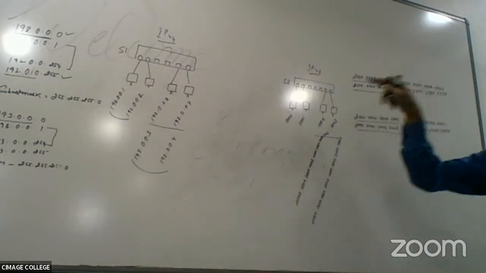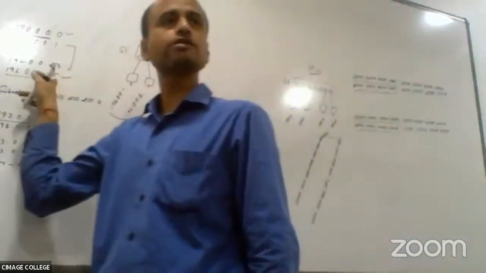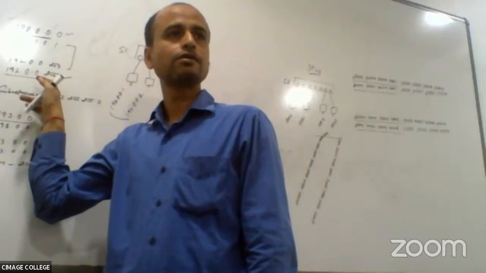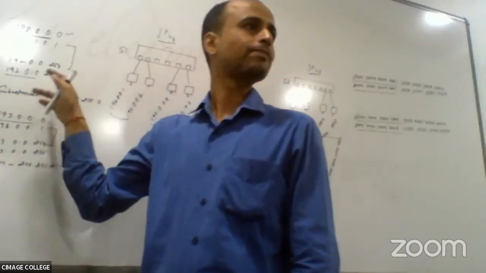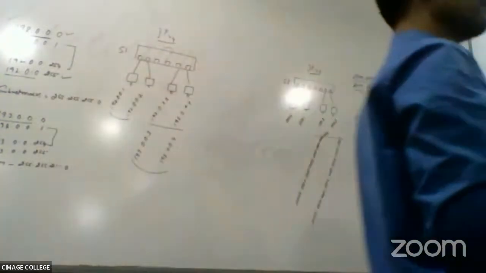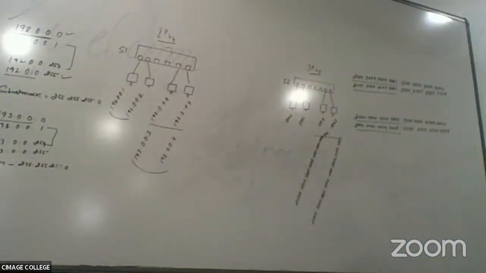I have written 255 here because this is the last value. We have done this exercise, no? Like serial number 0, 1, 2, 3, 4, 5, 6, 7, 8, 9, A, B, C, D, E, F, 1, 0, 1, 1, 1, 2, 1, 3, 1, 4, 1, 5, 1, 6, 1, 7, 1, 8, 1, 9, 1, A, 1, B, 1, C, 1, D, 1, E, 1, F, and again 2, 0.